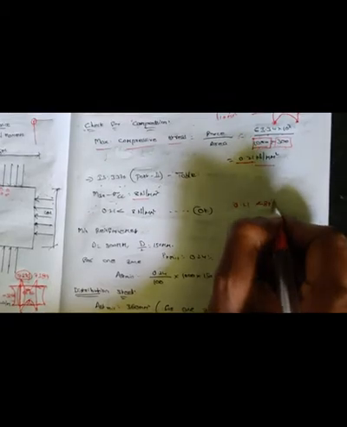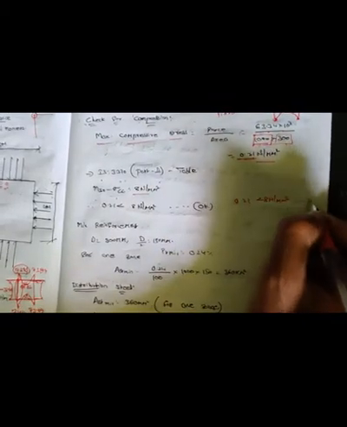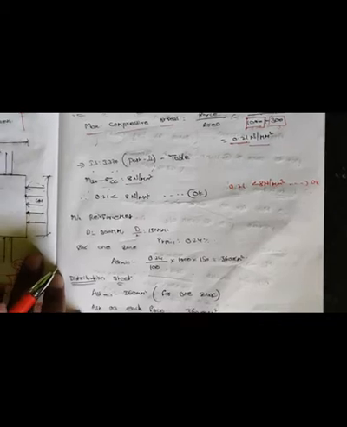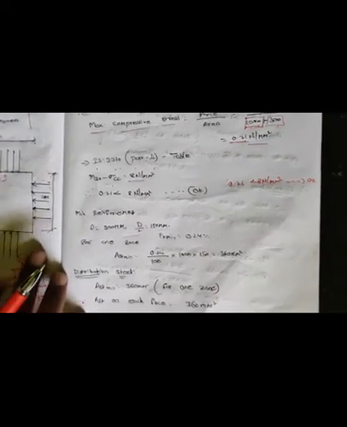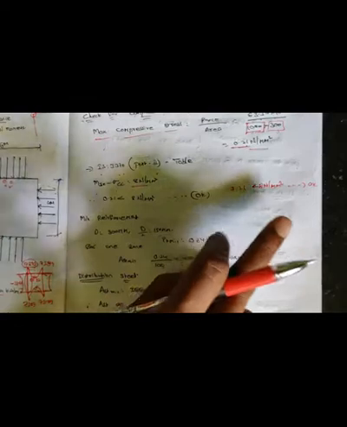Now how much value are we getting here? 0.21. So here 0.21 is less than 8 Newton per mm square, hence it is okay. Why I am saying okay is, the maximum value is 8 Newton per mm square. Here how much value is there? 0.21 Newton per mm square. So as it is less than this value, hence it is okay.